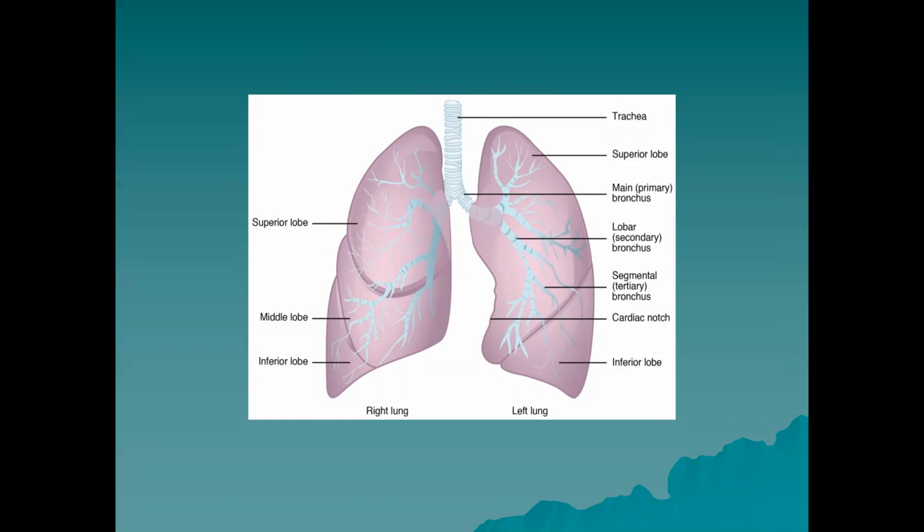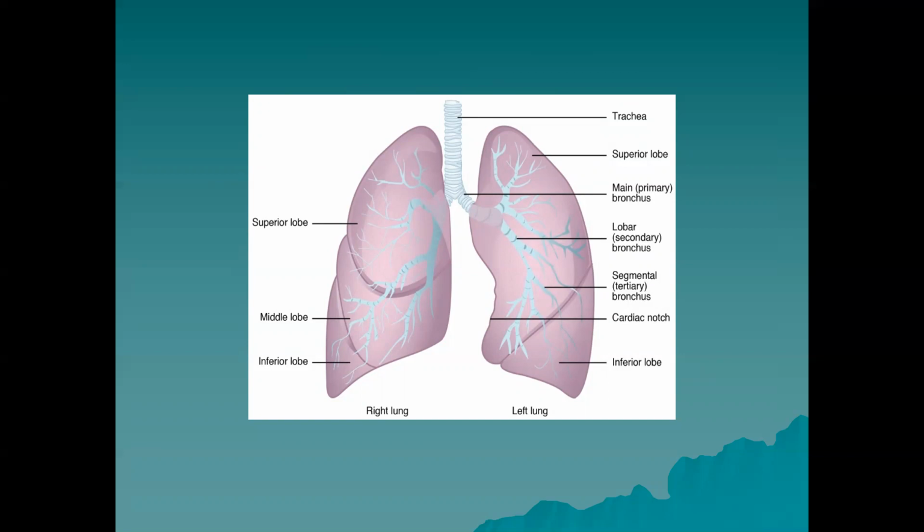The ventral aspect of the lungs, the side aspect of the lungs, and the posterior dorsal aspects of the lungs are called the costal surfaces, because costal refers to ribs. So remember, your lungs are protected by ribs, and the part of the lung that is next to a rib is called the costal surface.